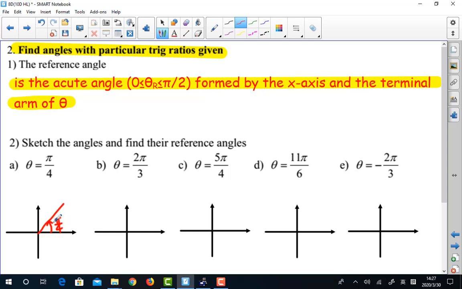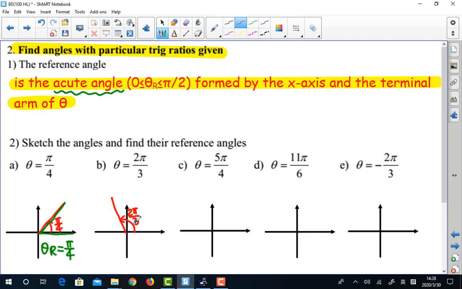What is its reference angle? Based on the definition, the reference angle is an acute angle. Sometimes you may have 0 or pi over 2, formed by the x-axis and the terminal arm. So the reference angle for pi over 4 is still pi over 4. Let's look at the second one. First, let's sketch this angle, 2 pi over 3.